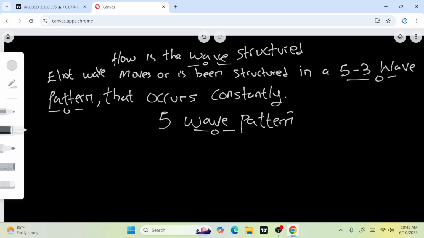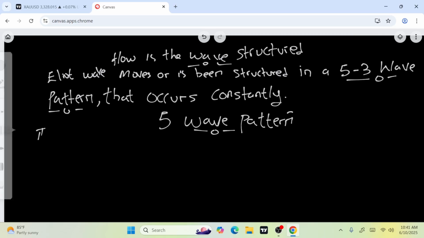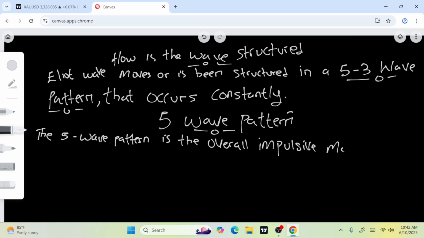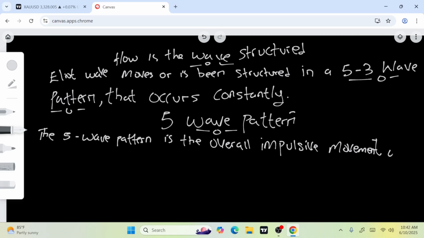Now, so what is the 5 wave pattern we have? The 5 wave pattern is the overall impulsive movement of a market structure.